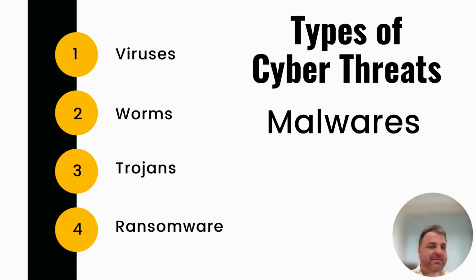For example, if ransomware attacks your computer, it will encrypt all of your information and data and ask you to pay to give back the keys and decrypt your data. There are some real world examples here. For example, in 2017, WannaCry was a global ransomware attack affecting 200,000 systems in 150 countries.